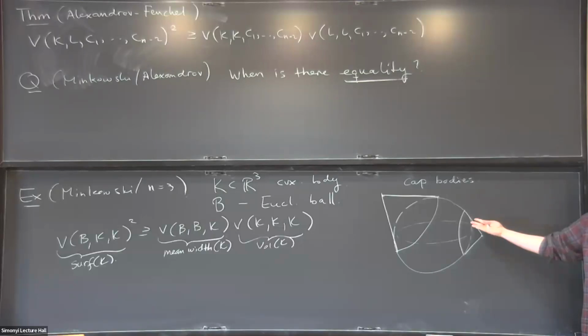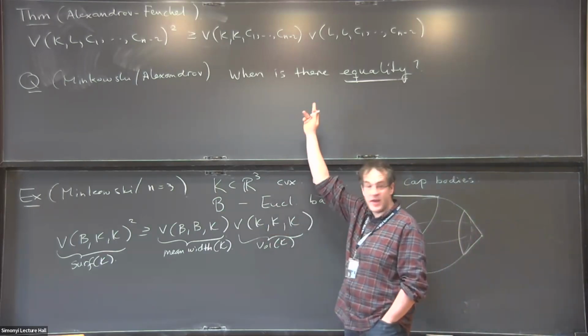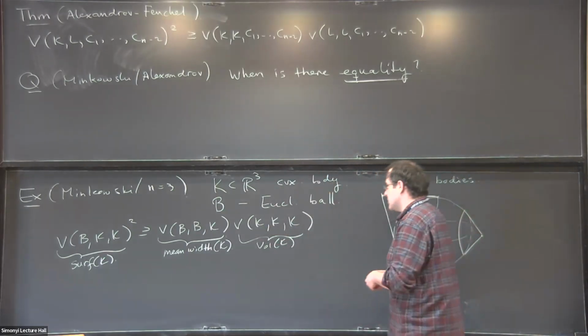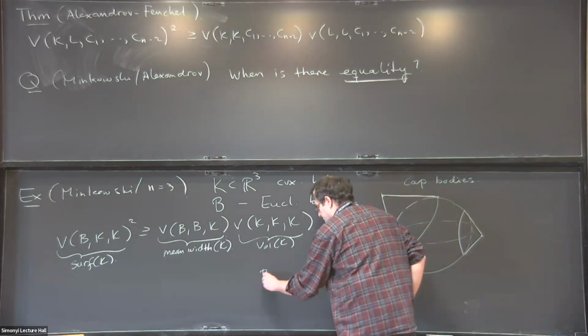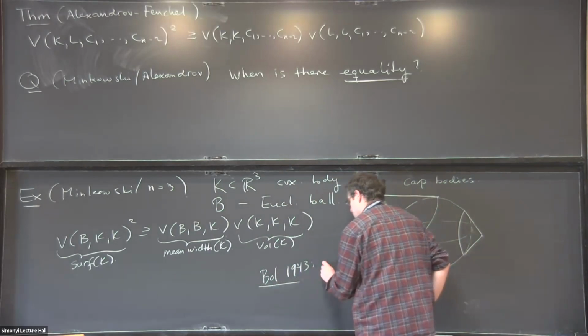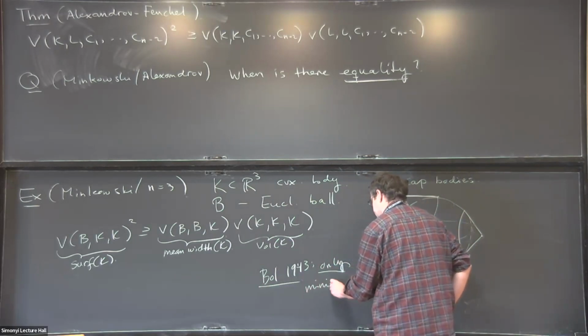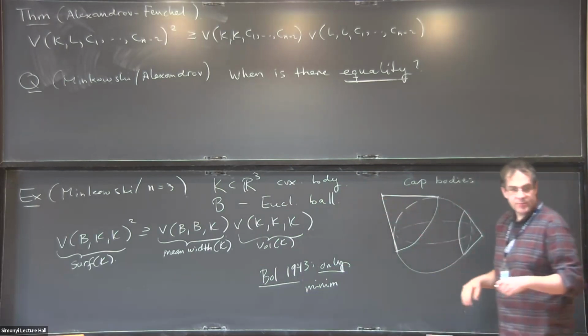And now the next question you would ask is, are these the only minimizers? In Minkowski's paper, these were conjectured to be the only minimizers of this specific example of that inequality. And that was proved 40 years later by Bol. These are the only minimizers of that particular example.